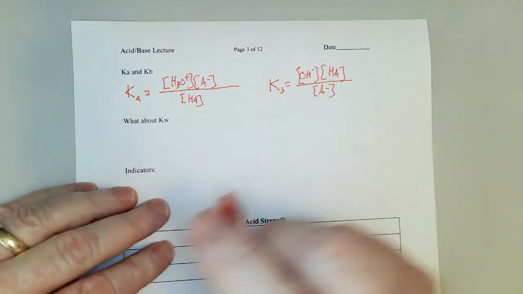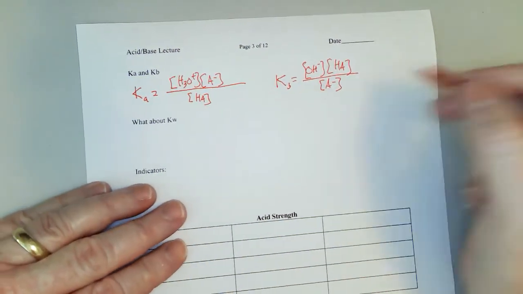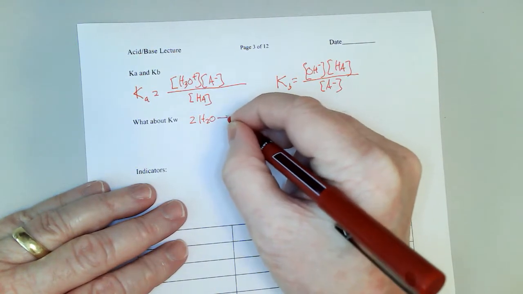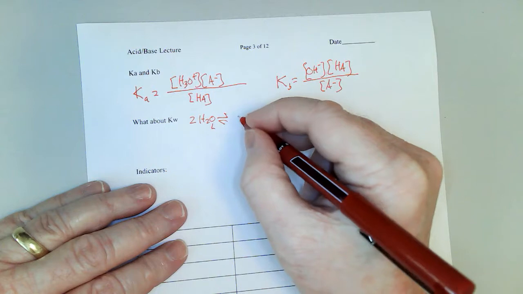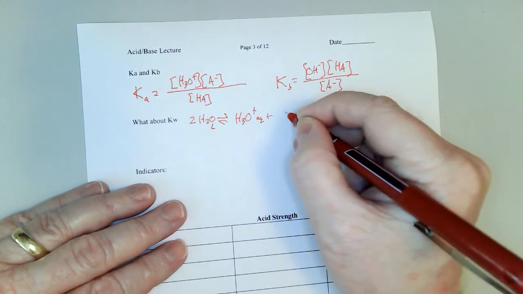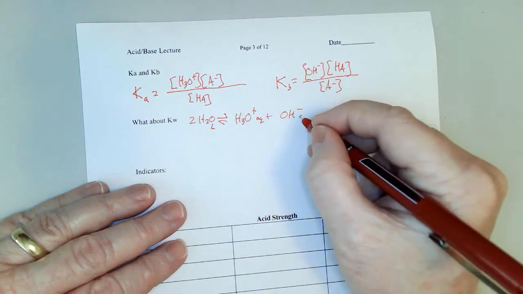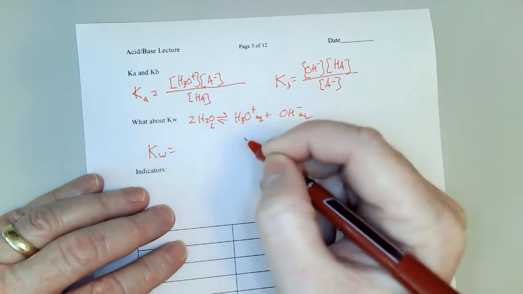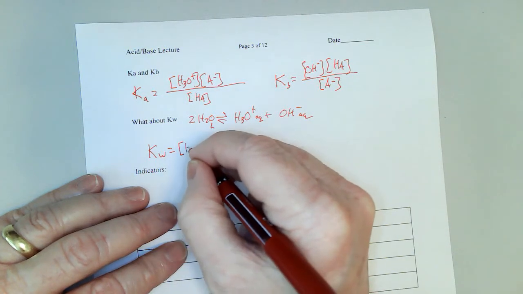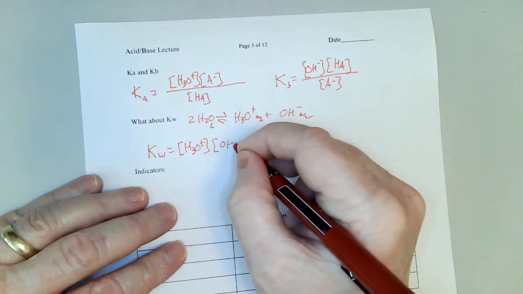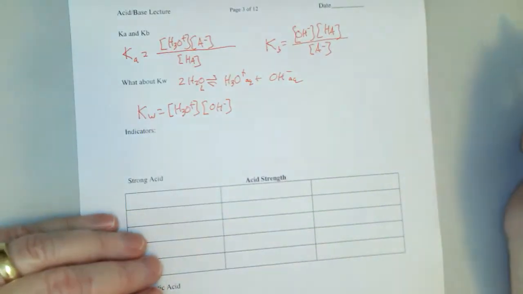Now, these are related to each other based upon this reaction. The autoionization of water. H2O liquid breaks down into H3O plus aqueous and OH minus aqueous. And Kw is the equilibrium constant for that, which equals the concentration of H3O plus times the concentration of OH minus.